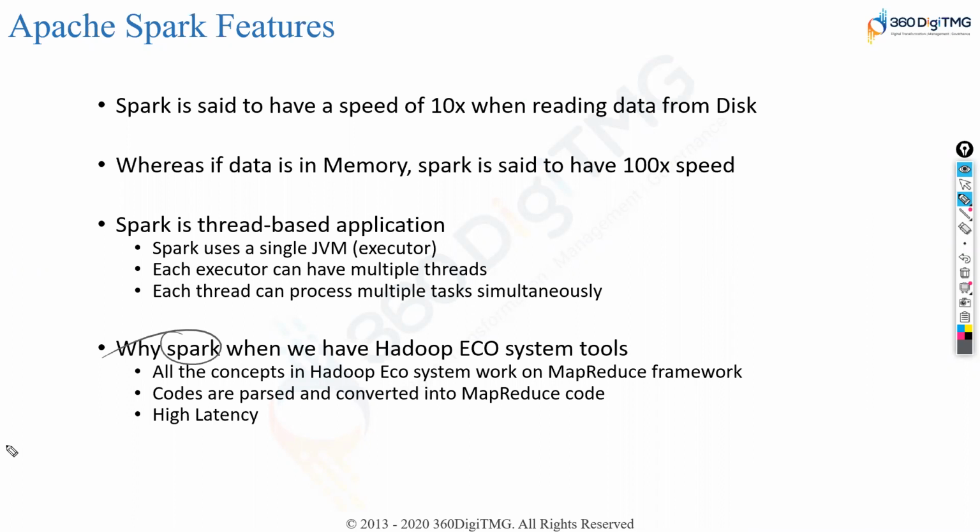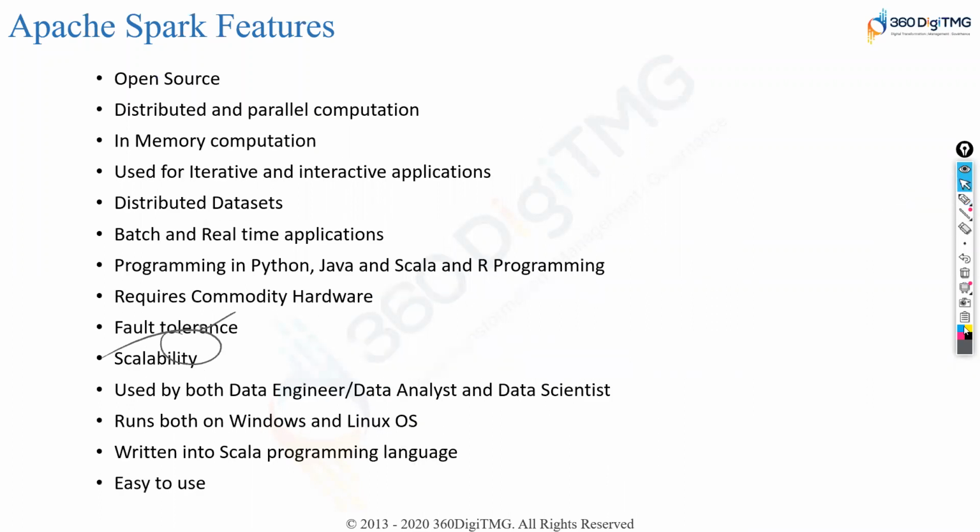Spark keeps the data in memory and does the calculations at higher speeds. Low latency. These are the reasons why Spark is becoming popular when compared to the programming frameworks that we have in MapReduce. Speed, guys. Simple. Speed is the reason.